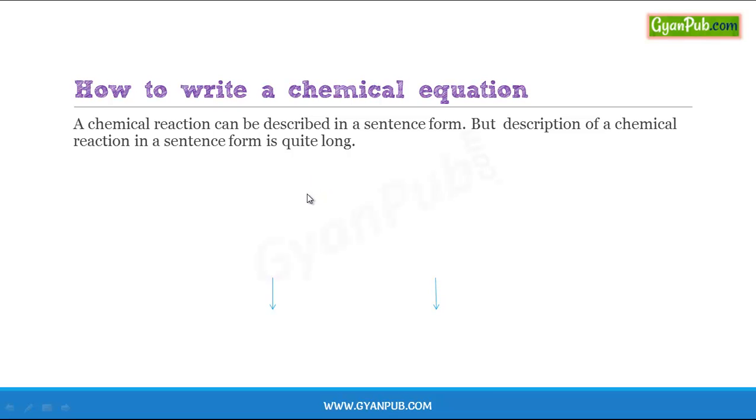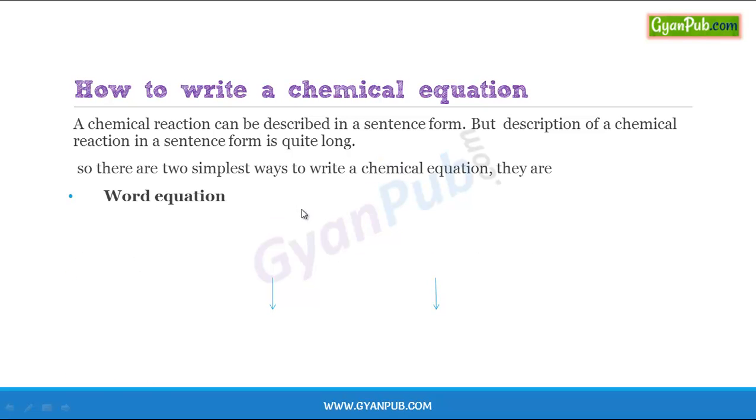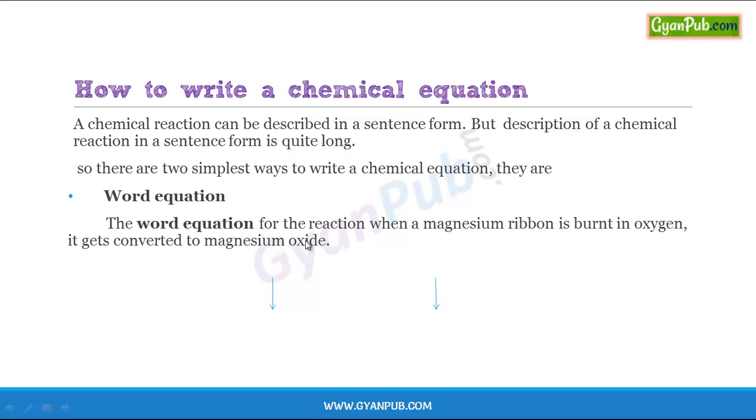This description can be made in a simpler way by using different types of equations. There are two simplest ways to write a chemical equation, and the first is the word equation. The word equation uses the names of the chemicals involved in a reaction.